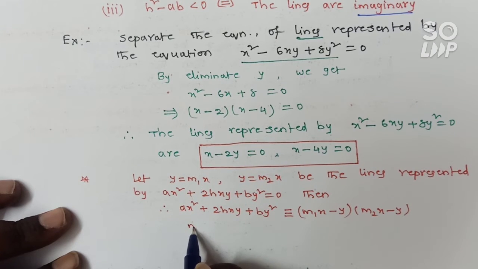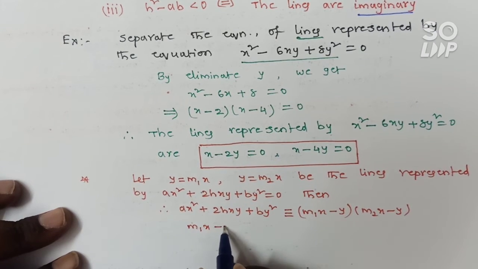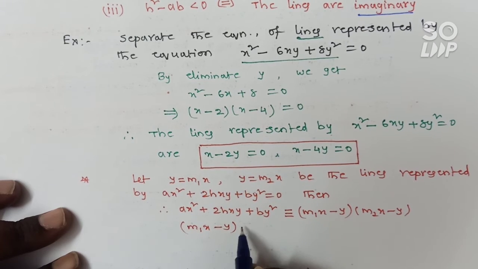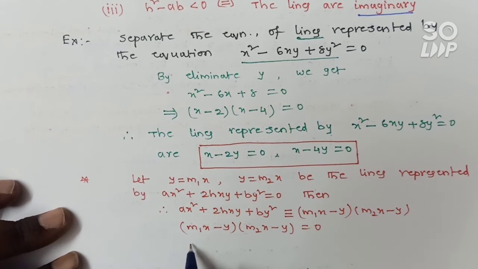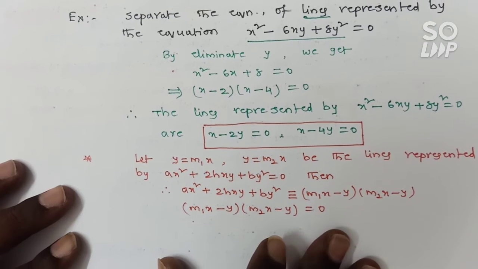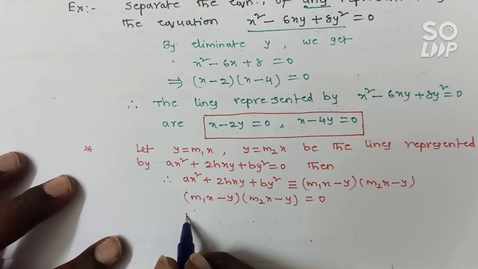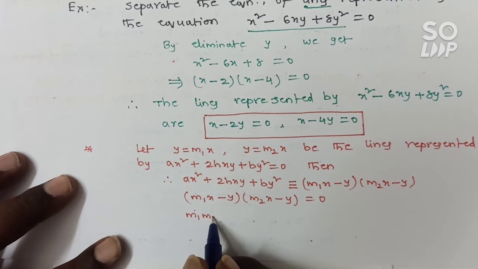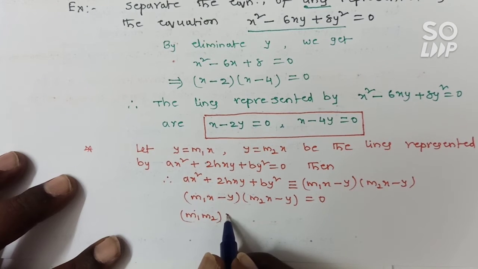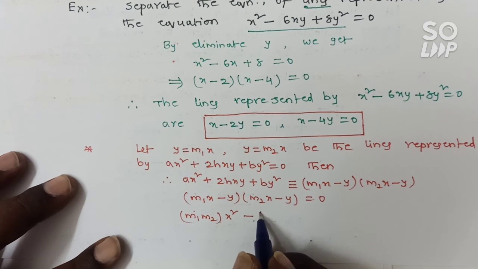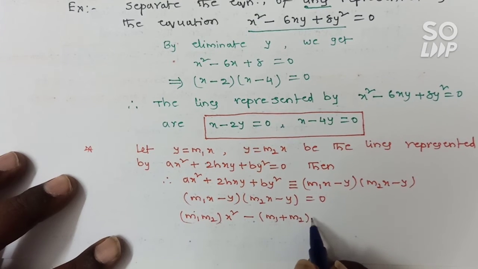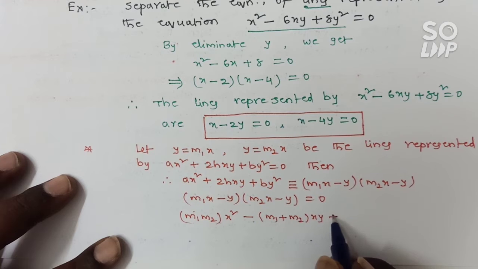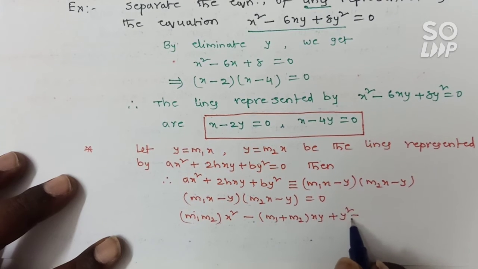That means m1 into x minus y into m2 into x minus y is equal to 0. Now by multiplying you will get m1 m2 into x square minus of m1 plus m2 into xy plus y square is equal to 0.